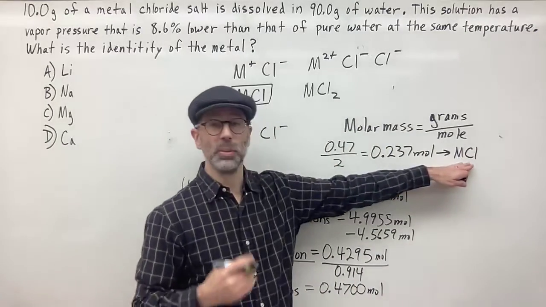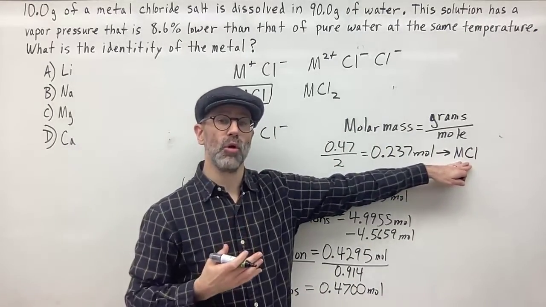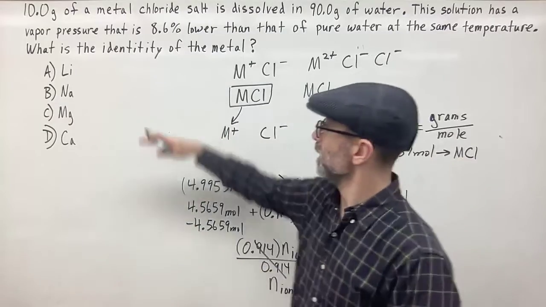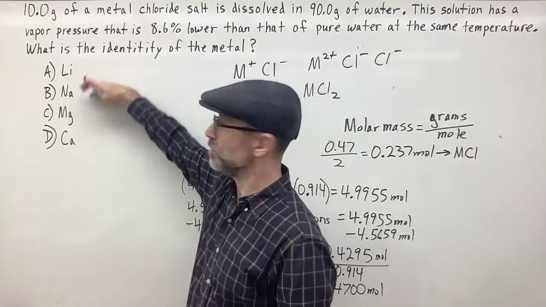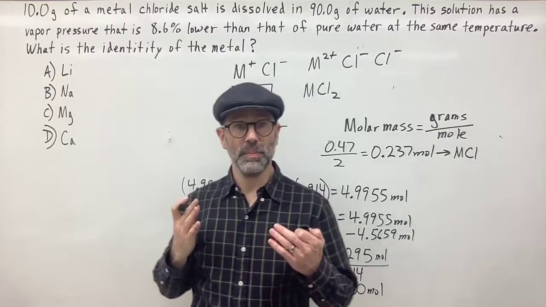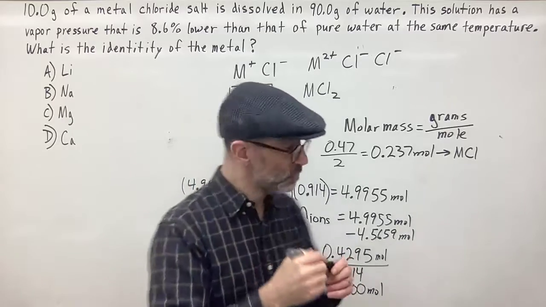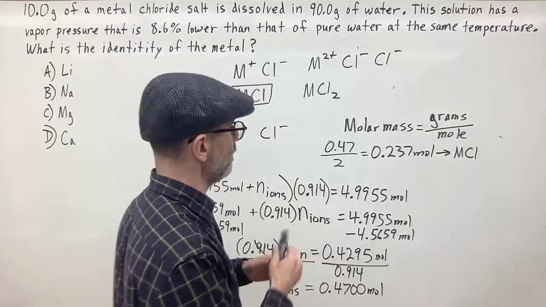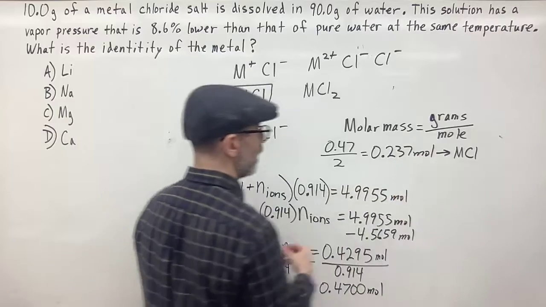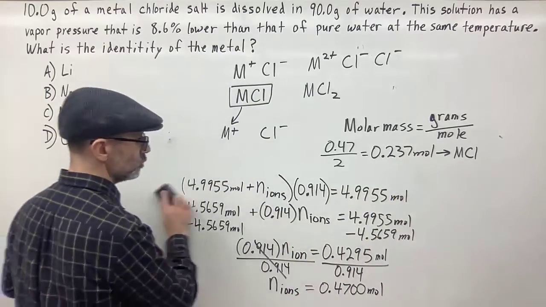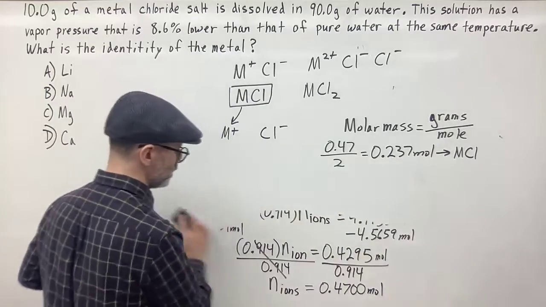Again, I'm assuming that I only have one chloride, so therefore it's going to be one of these two, since these have positive charges of 1, right? So then that means that I can find the molar mass. So I'm going to get rid of this to give myself some room.